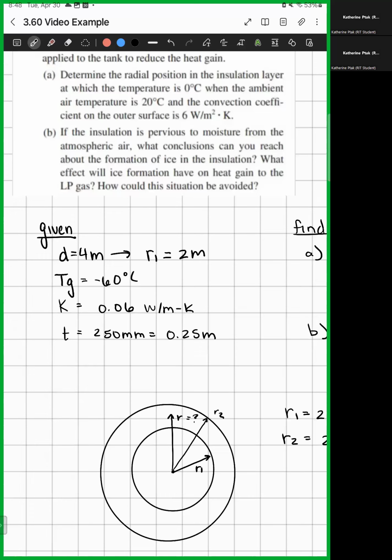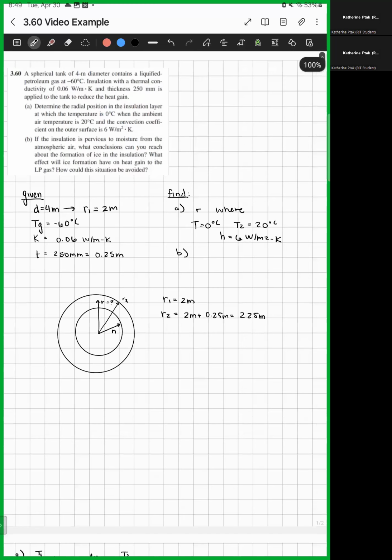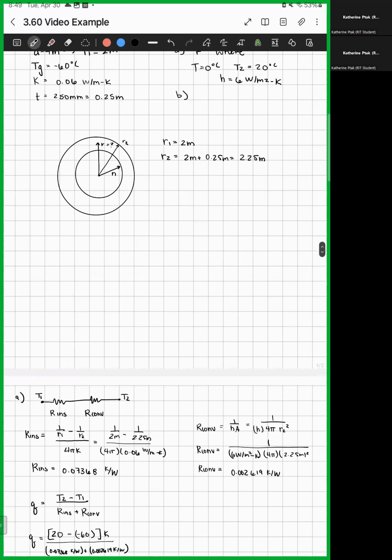So there'd be kind of an expansion of this insulation, which can form cracking, et cetera, which would let more heat into this sphere. So there'd be an increase of heat transfer. The insulation would not be doing its job as well. And how can we avoid this? Install some type of barrier to keep out moisture. So yeah, that's just logically kind of thinking through part B.